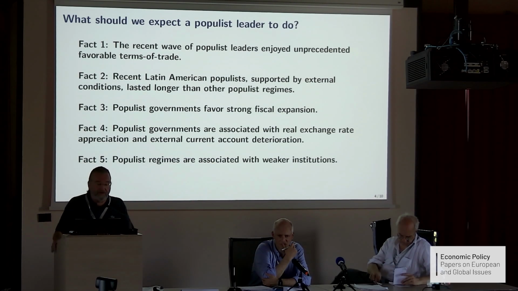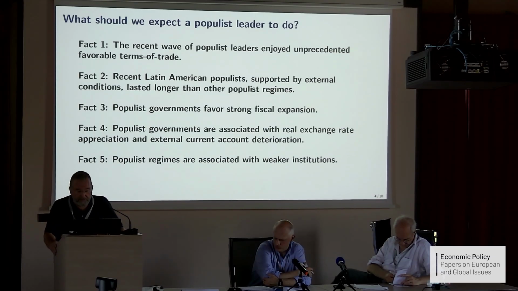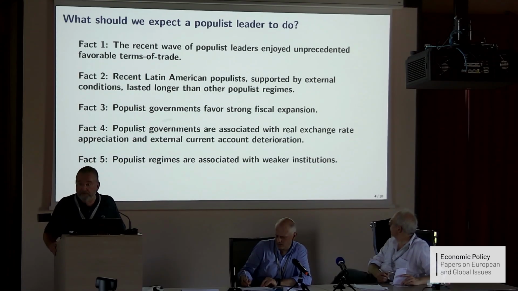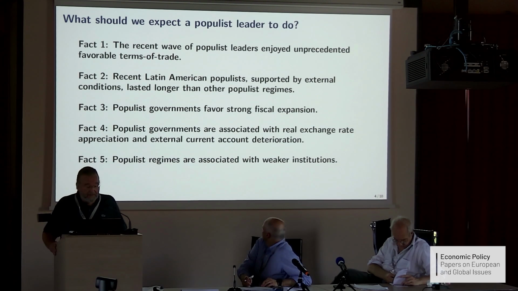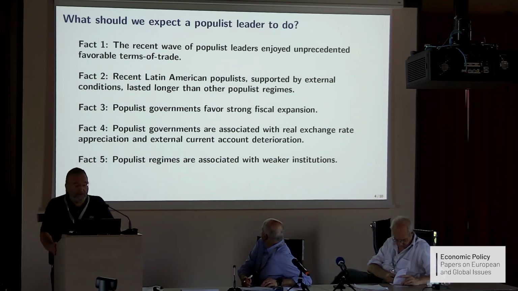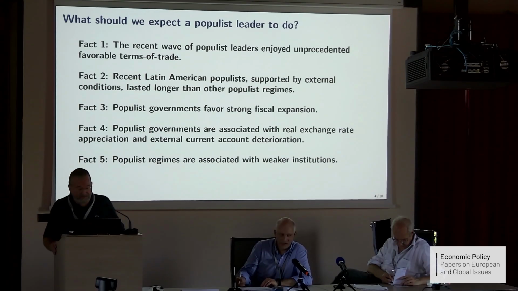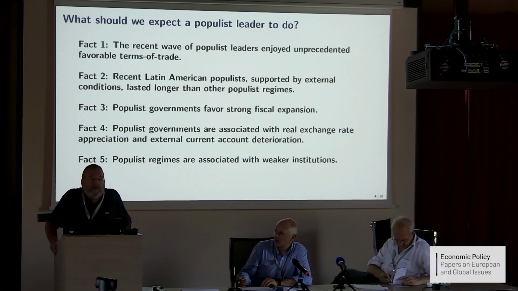But now we go to facts 3, 4, and 5. Think about change, conflict, class struggle. Populist governments favor strong fiscal expansion. That sounds very natural to me. So that's one thing I would really like to check, and they do check. Populist governments are associated with real exchange rate appreciation and external current account deterioration. That I'm not 100% sure why it should be. If I am in a conflict, would I have an exchange rate appreciation?